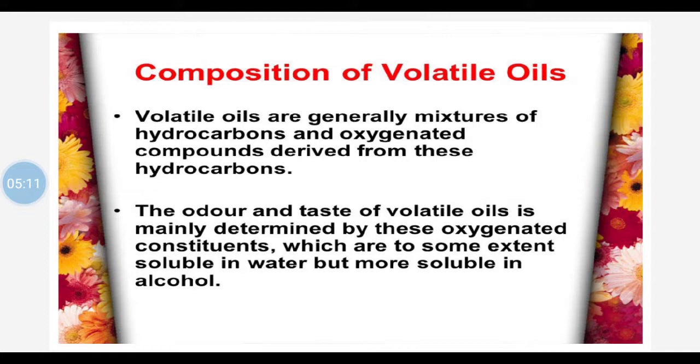Chemically they are mixtures of hydrocarbons and oxygenated compounds, oxygenated compounds which are derived from hydrocarbons. Now the odor and taste of volatile oil is determined by these oxygenated constituents, which are soluble in water, but comparatively more soluble in alcohol.